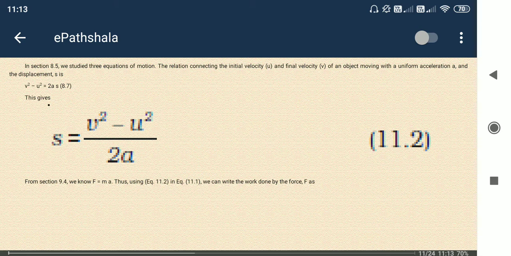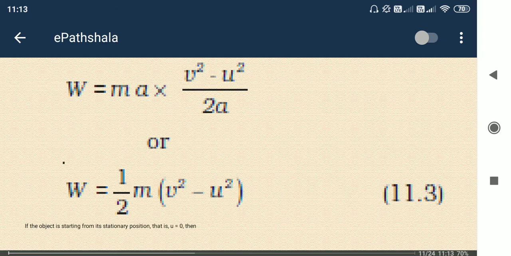Then we know F equals ma, meaning the force applied equals the mass of the object times the acceleration achieved by the object, okay.